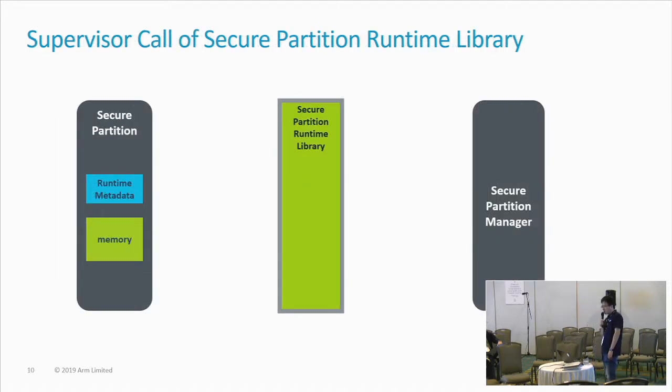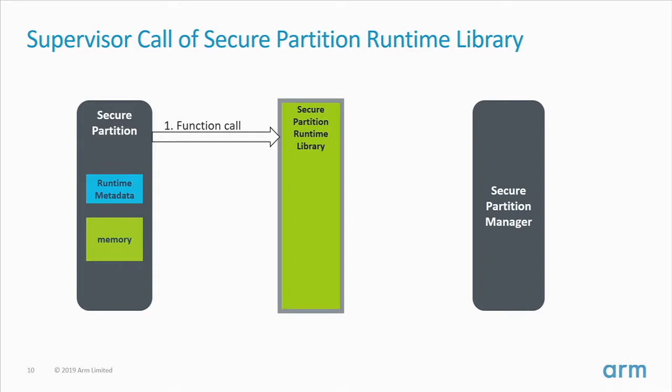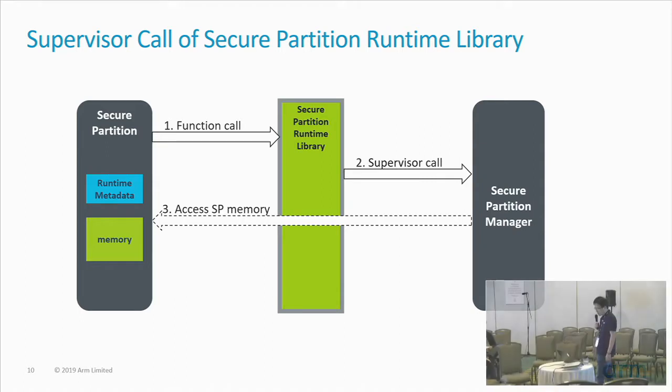The other scenario is about the supervisor call of the secure partition runtime library. The process is like this. First, the secure partition calls a function of the secure partition runtime library, and then the runtime library will invoke a supervisor call to the SPM. The SPM will process the requirement, and it may access the memory information of the secure partition.